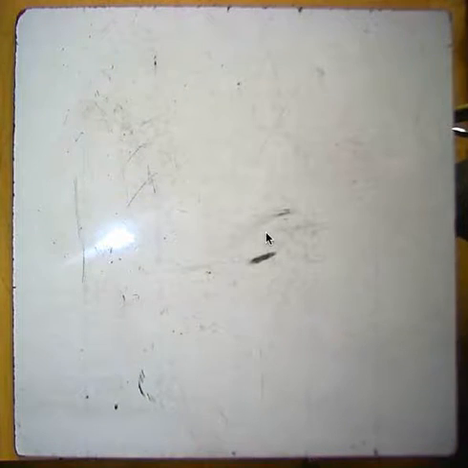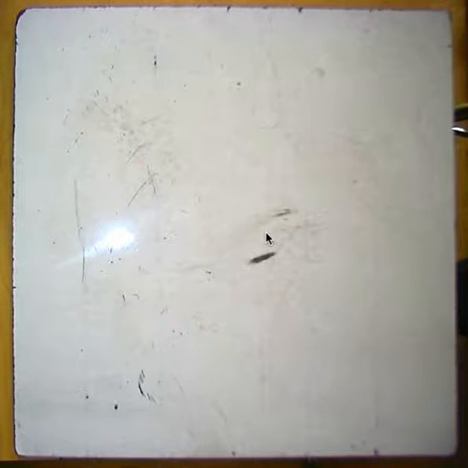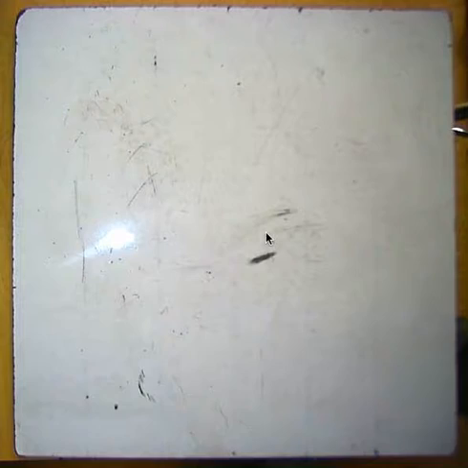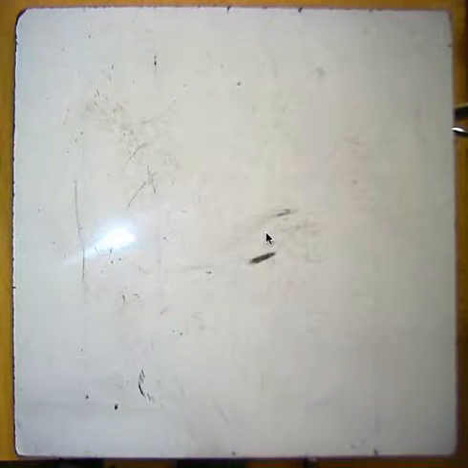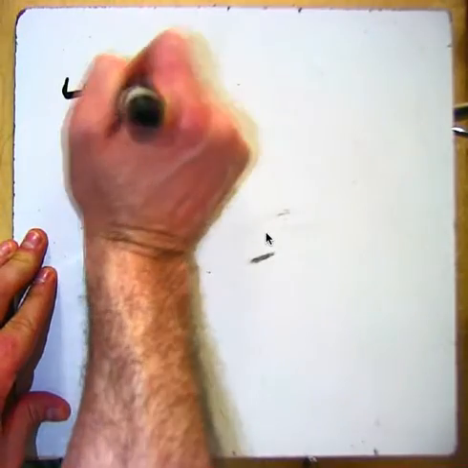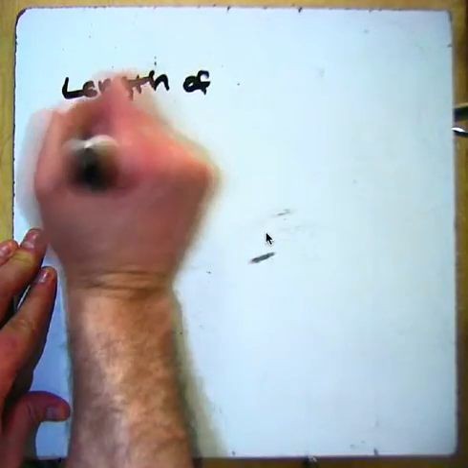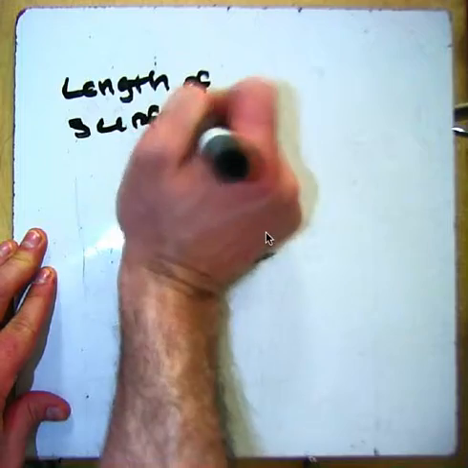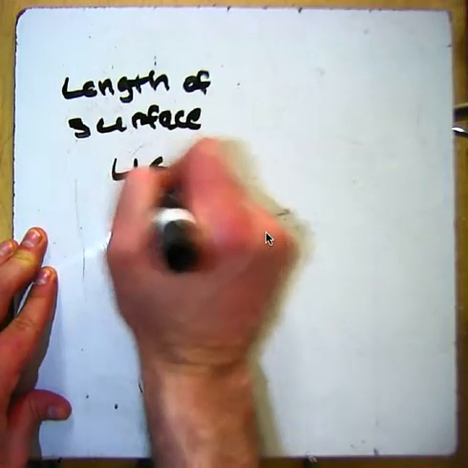This video will now outline how to find a value of the whole when given a percentage of that whole. So for instance, if you're given a surface, and let's say the length of the surface is 45 centimeters.